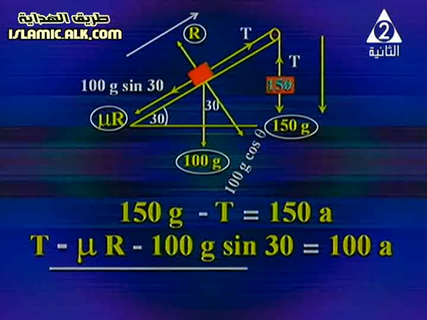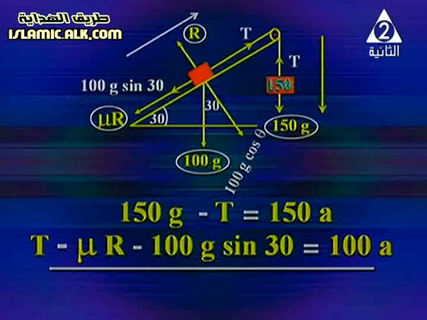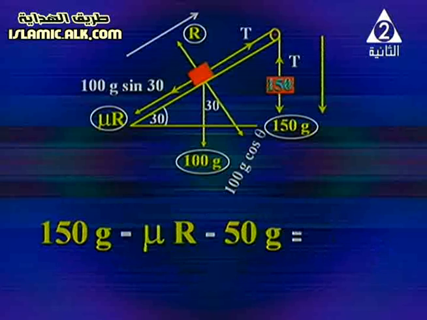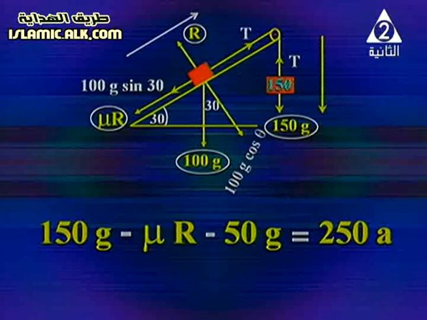By substitution and adding the two equations, then 150 g minus mu r minus 50 g equals 250 a. We have the coefficient mu and r and g to find the value of acceleration a.